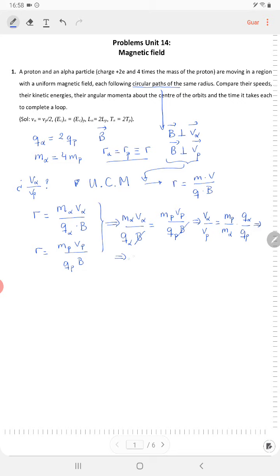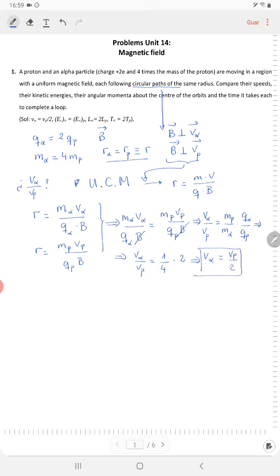The mass ratio is 1/4, and the ratio of the charges is 2, since the alpha particle has twice the charge of the proton. So the velocity of alpha is the velocity of the proton divided by 2.